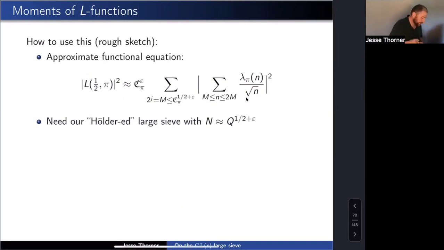And in light of this, we might want to show that L½ pi absolute value squared is small on average. And to do this, in light of the approximate functional equation, I might want to take my large sieve inequality and have it be applicable with n being roughly q to the half plus epsilon, and for this particular value of n, I want my large sieve inequality to at least be trivial.